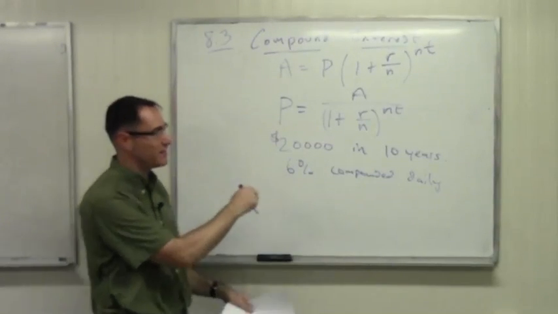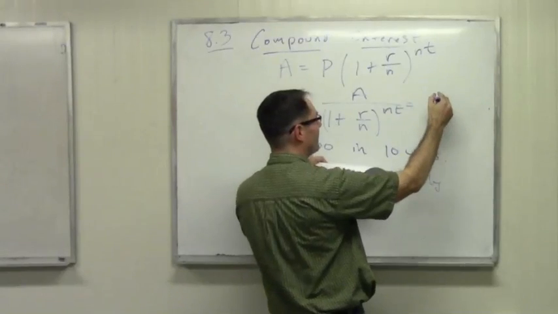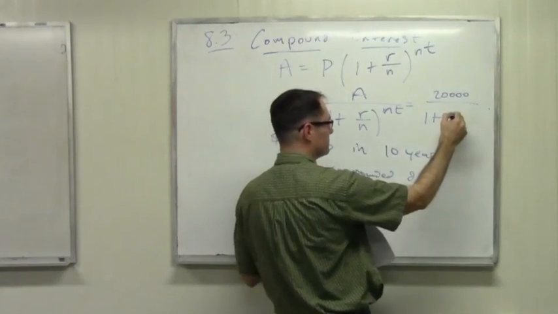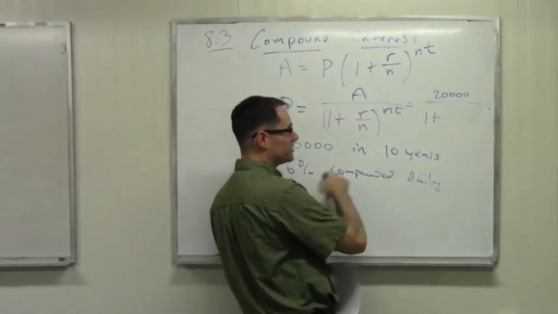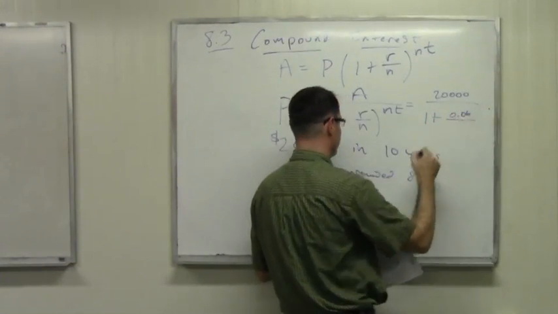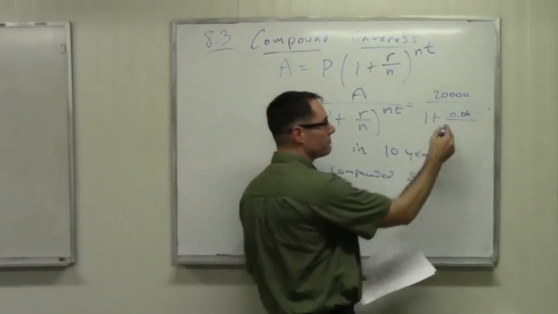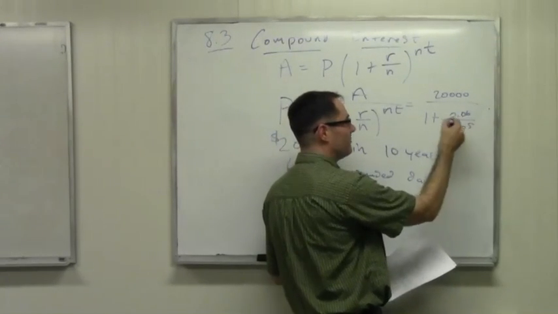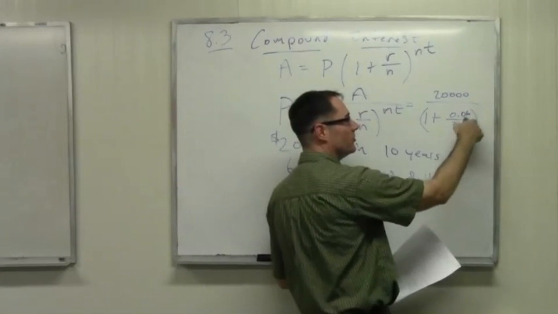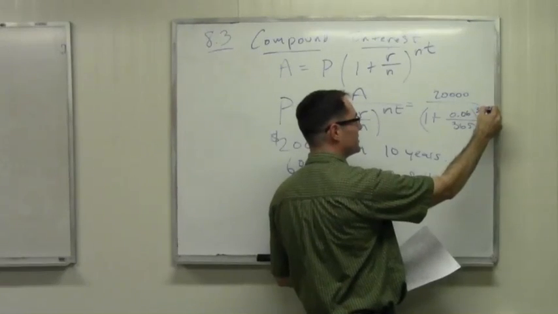Well, it's this exact formula. I'll write it up here. Future value, $20,000. 1 plus the rate we said was 6%. That'd be nice. 0.06 divided by the number of times per year. So if we're doing it daily, 365. That part raised to the 365 times 10.